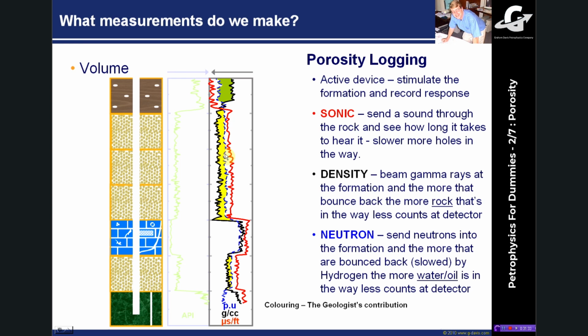So here we see sandstone that we coloured in yellow, and here we see a mud rock that we've coloured in green, and this crossover, the logs are scaled to give this kind of crossover. Now in the States they apply slightly different neutron scalings, and I guess their geologists don't like colouring in as much over there. So that's the porosity.